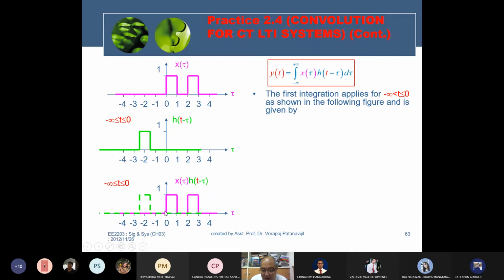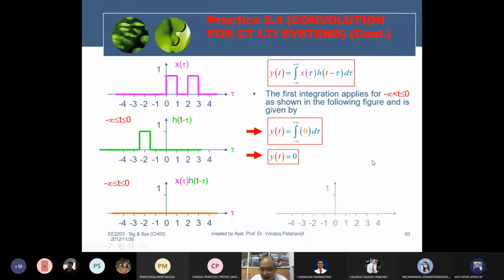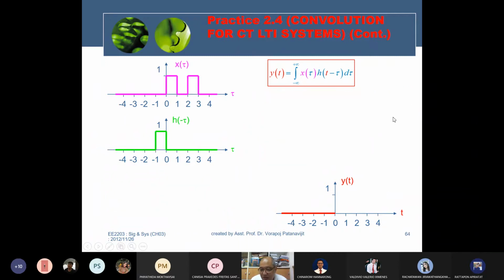And when time is greater than 0, the green one equals 0. So you integrate 0 with respect to tau, which gives 0. Therefore the result of the first integration is 0. So y(t) equals 0 when t is between minus infinity and 0. You get the first one.